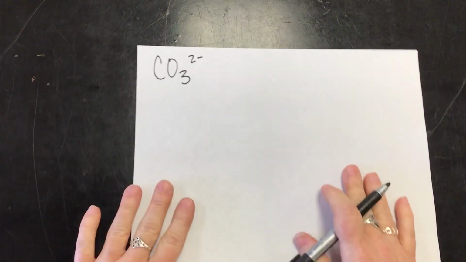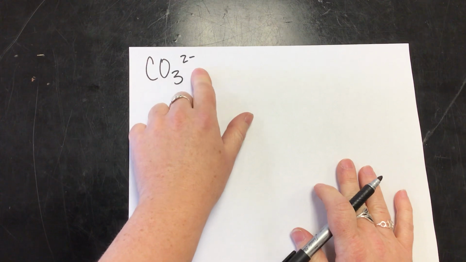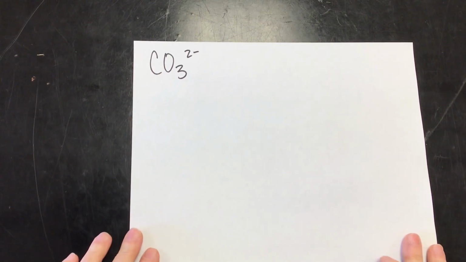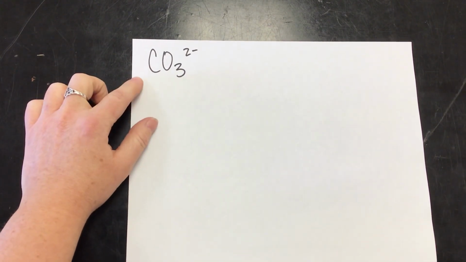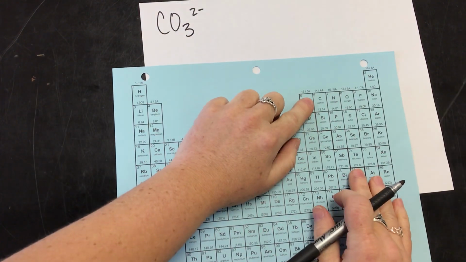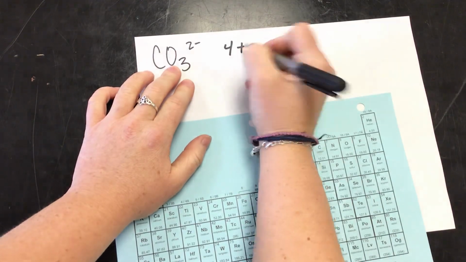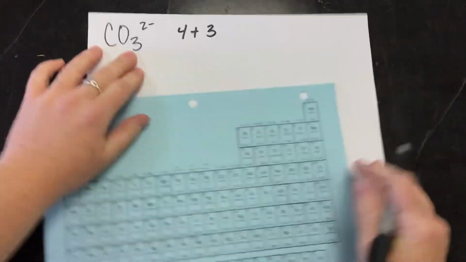The last example I'm going to go through is a carbonate, which is a polyatomic ion, so it has a charge. And our first step is to determine our number of electrons in our grab bag. So from carbon, we get 4. And here we have 3 oxygens.